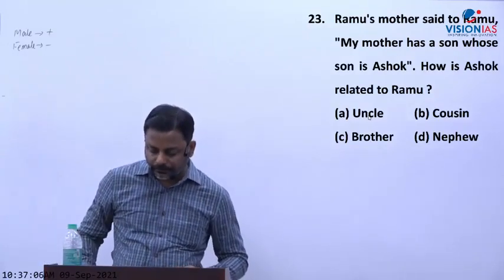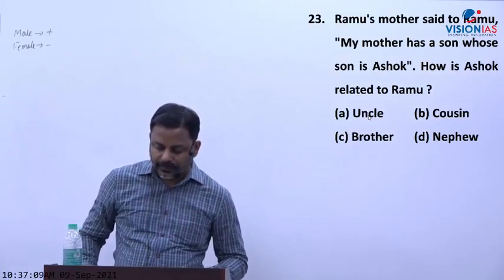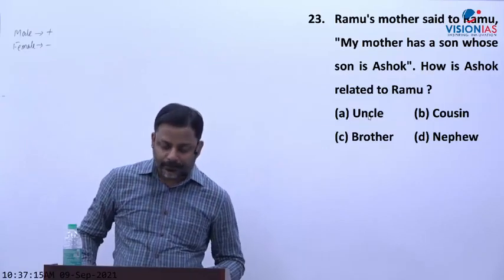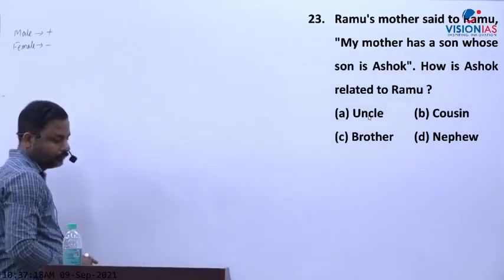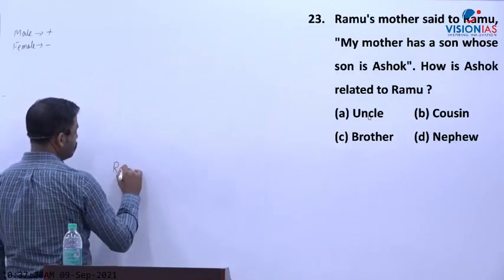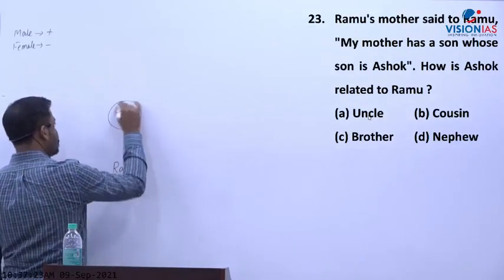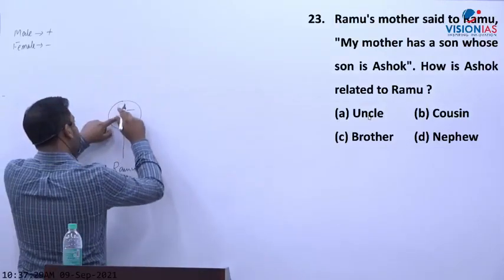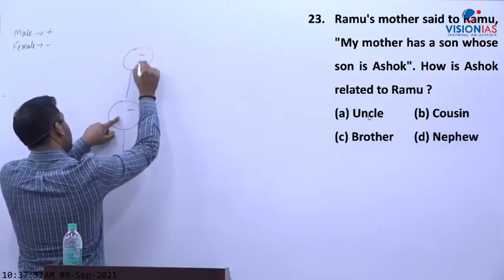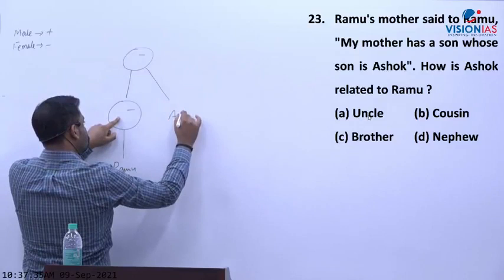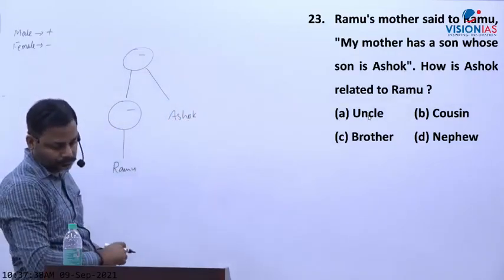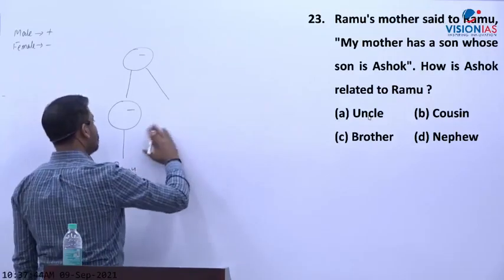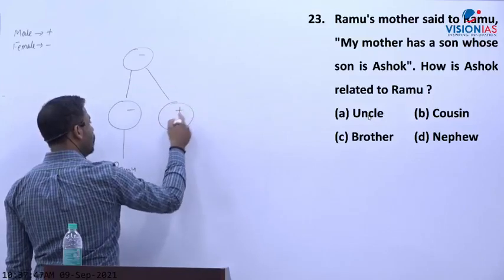So the speaker of the statement is Ramu's mother. Ramu's mother is saying that my mother, means this lady's mother, has a son whose son is Ashok.